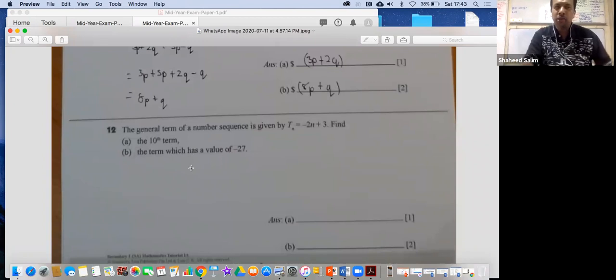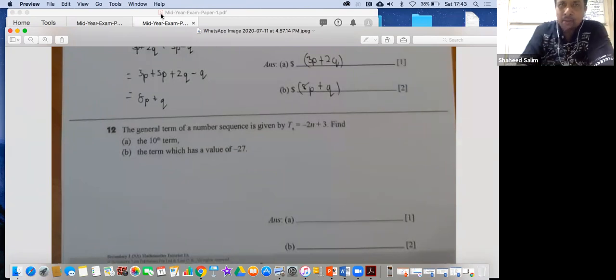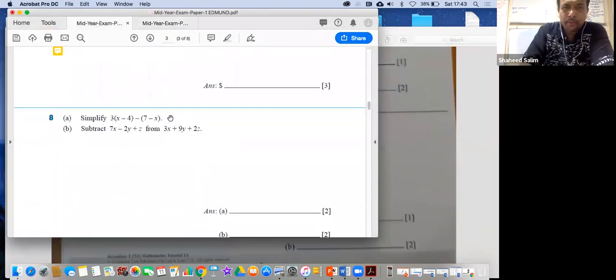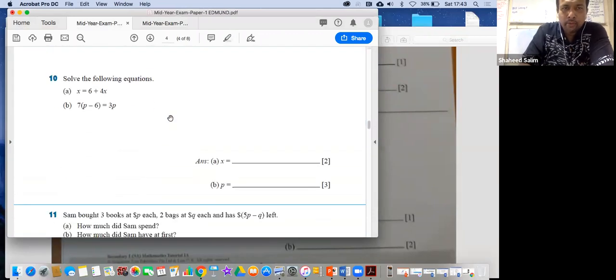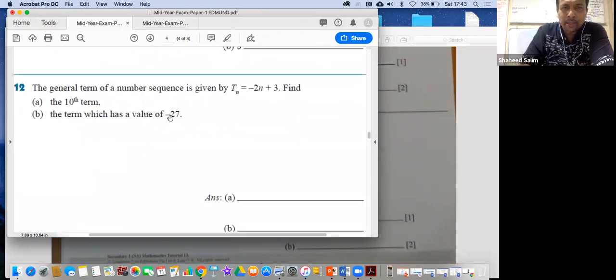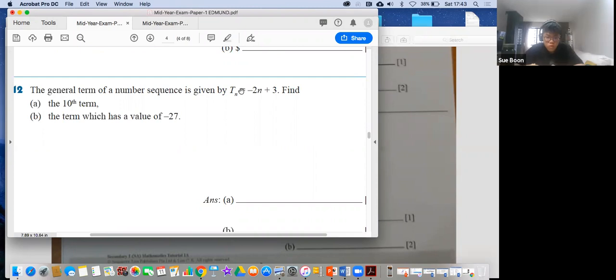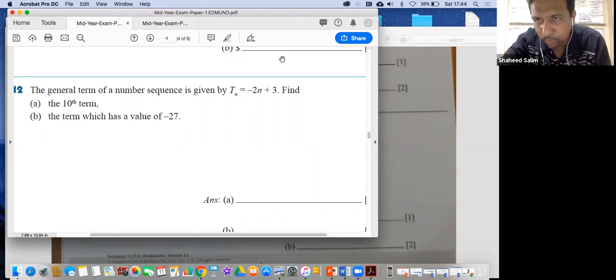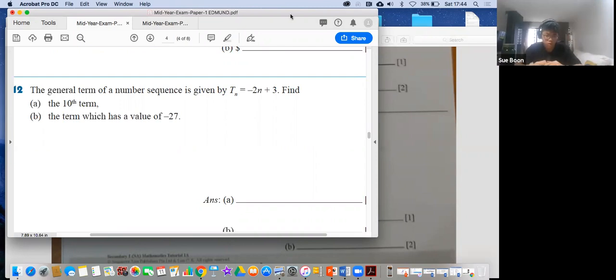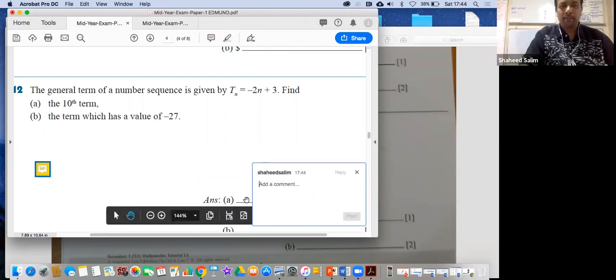This one now, the general term. You must first of all understand what the question is saying. Okay, I'm going to change screen to this one. Do you understand what this question is saying? Or are you confused? The general term for a number sequence is given. What does it mean? Do you know what it means? Okay, so I'm going to tell you what it means.